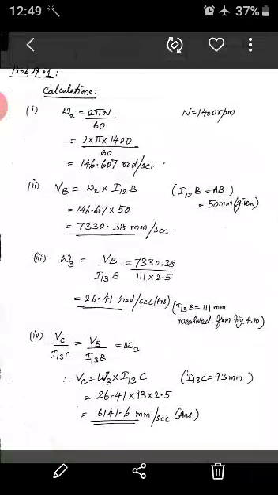In this formula everything is known. So Vc is equal to omega 3 into I13C, the distance I13C. When you measure from the figure, the distance I13C is 93 mm. You should not write only 93. You should write 93 multiplied by 2.5, because the scale is 2.5. So you get the answer 6141.6 mm per second.